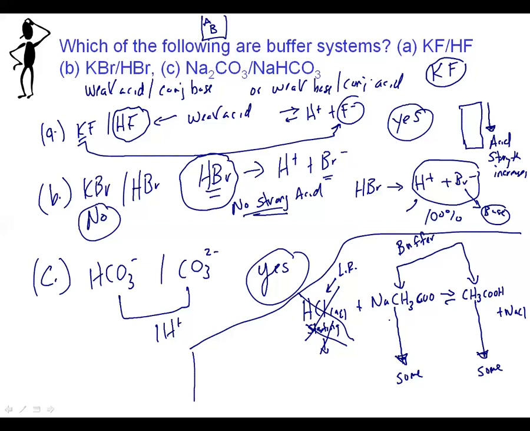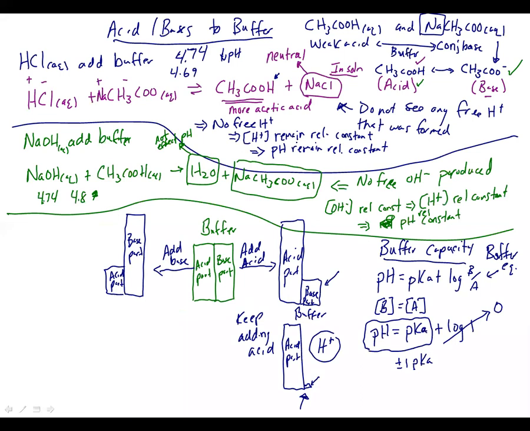Same thing if you added sodium hydroxide, basically doing this reaction here. If you did this reaction in such a way that all the sodium hydroxide gets completely used up, you would have generated this buffer if you started with acetic acid and sodium hydroxide, not a buffer to begin with.